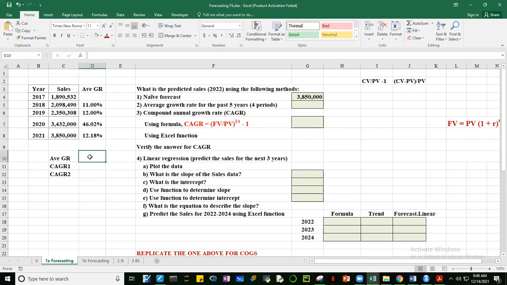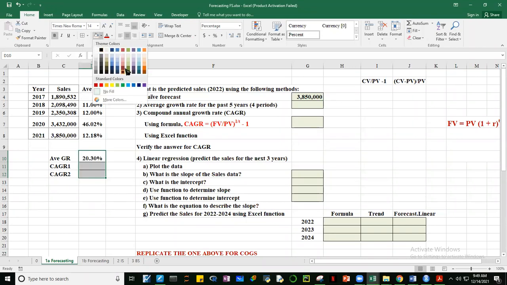So we can get the average of the growth rates, the average of these 4 growth rates. Let's put some borders here and some fill colors.